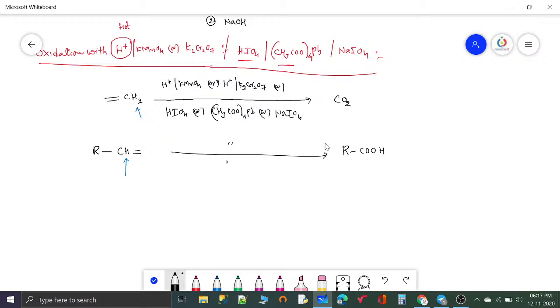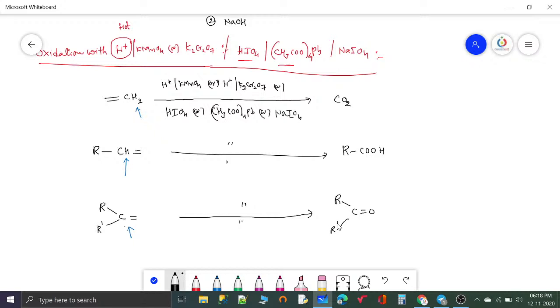Okay. And one more thing: what happens if the double bonded carbon is not at all having any hydrogens? In such cases, this reagent simply oxidizes this double bonded carbon atom to a keto group.